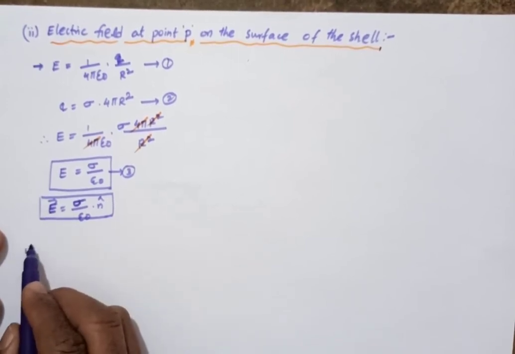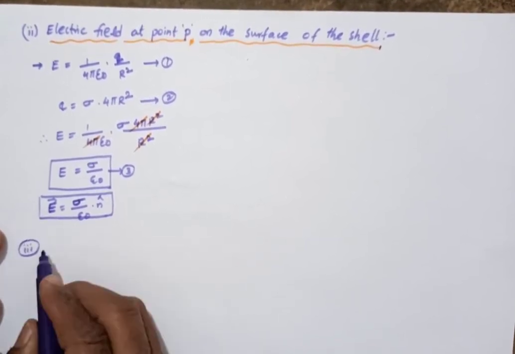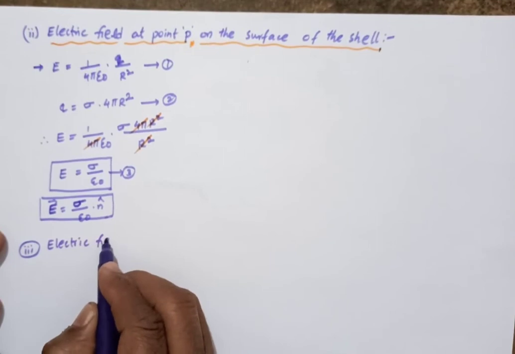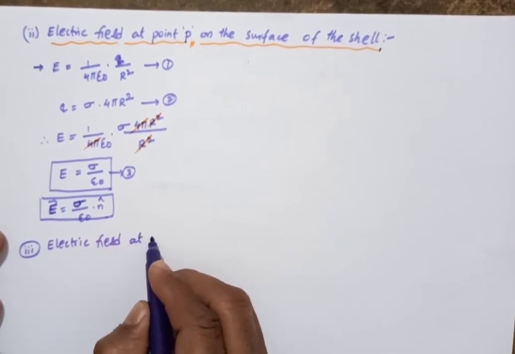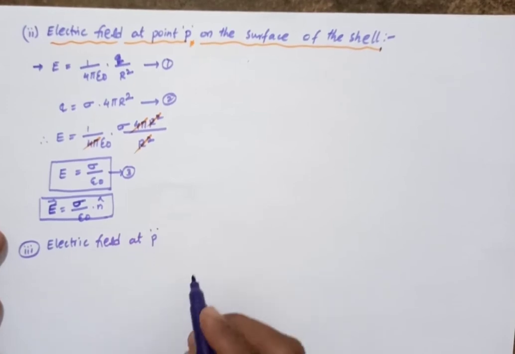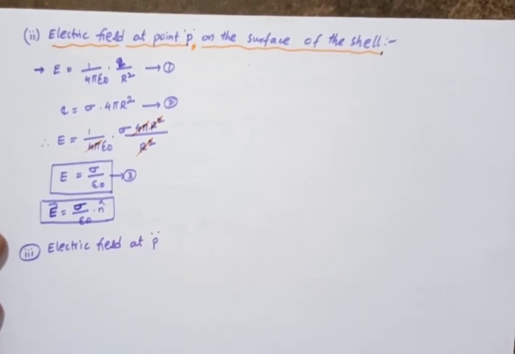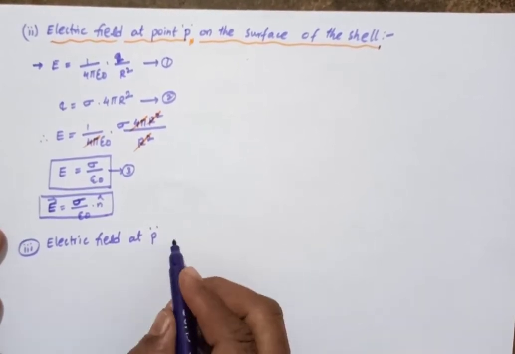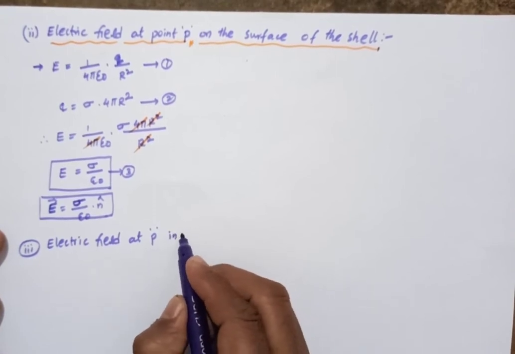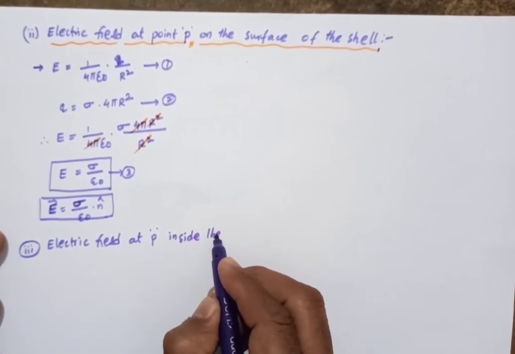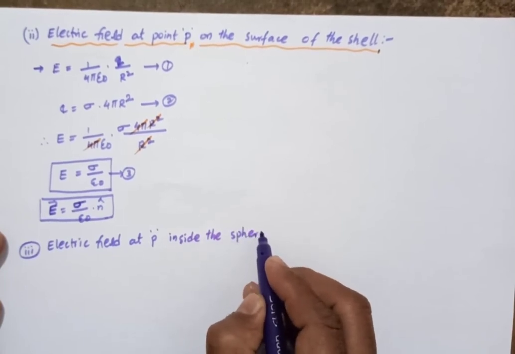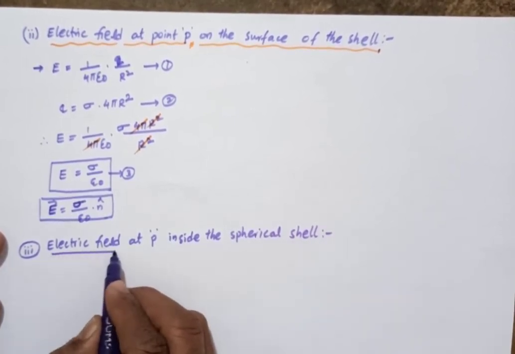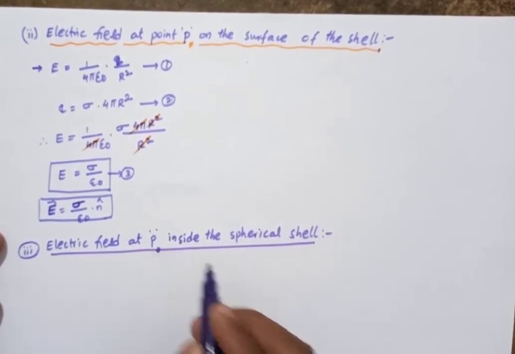Okay, third case, electric field at point P inside the spherical shell. So this is the third case.